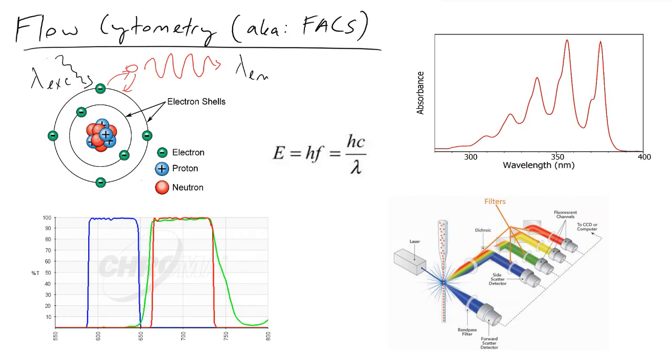And so what this tells us, and what we should know based on Planck's constant law, is that the lambda excitation is going to be a smaller value than the lambda emission. And this is because energy is inversely proportional to the wavelength. So having a longer wavelength of a photon means that that photon has less energy.